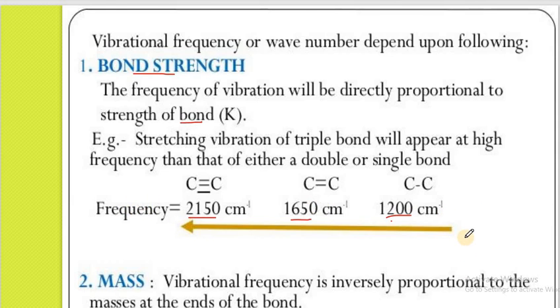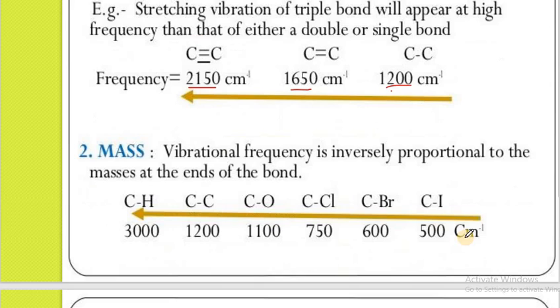And similarly, mass has its effects. Vibration frequency is inversely proportional to mass, as we have seen in the formula of Hooke's law. In this we can say iodine has the greatest mass because in the periodic table it lies down the group.